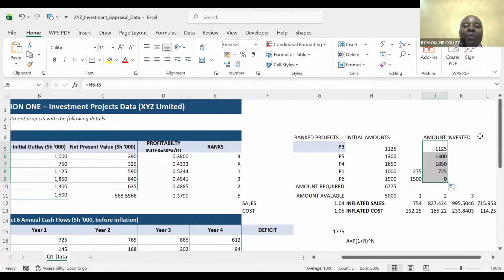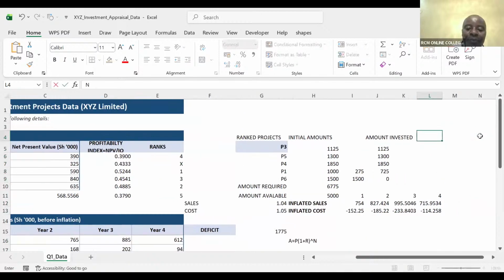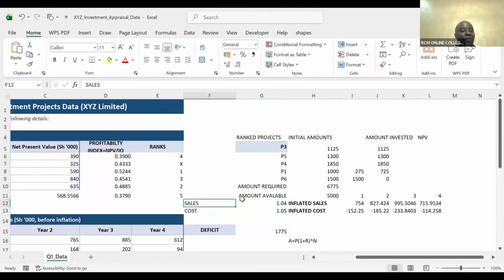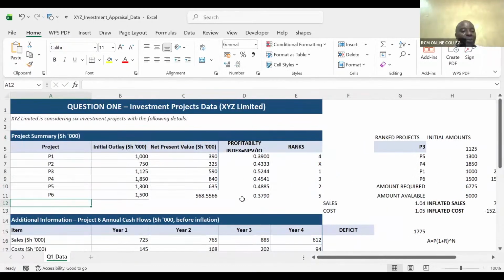Please listen to me very well. Project P3, I've invested in everything. So project P3, I'm going to enjoy its NPV in full. So project P3, the NPV, I'll pick it the way it is here.